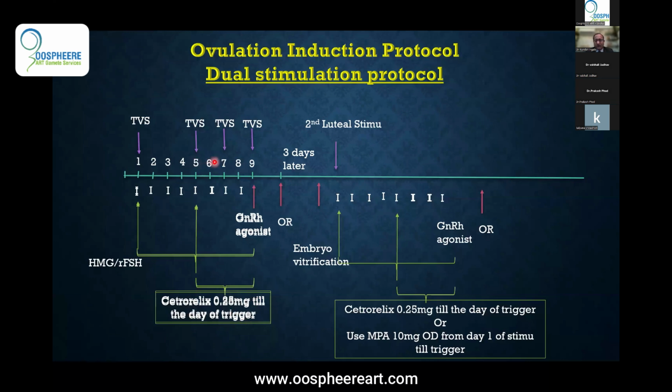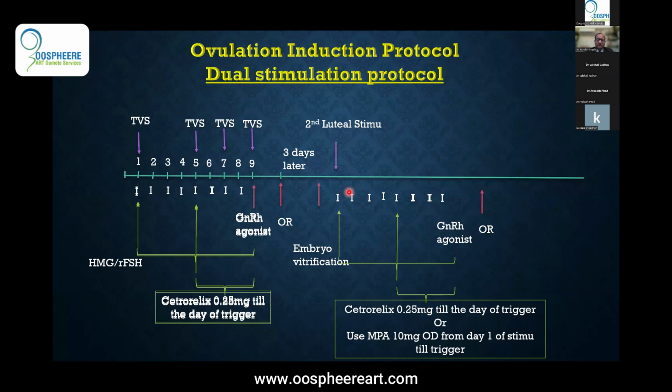Then you continue HMG or recombinant FSH along with the antagonist till the day of trigger. We give only a GnRH agonist as trigger. We do oocyte retrieval and ICSI, or we may freeze the oocytes, but generally the oocytes are subjected to fresh ICSI. Then 5 days later, you do embryo vitrification.